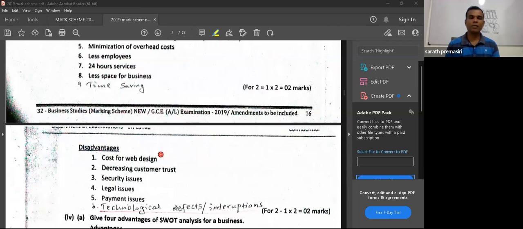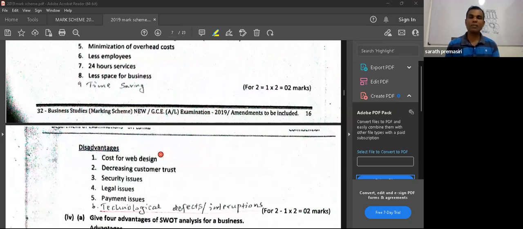Next one, decrease customer trust, as customers are not physically met. Whenever you write, it is better for you to explain it a bit.